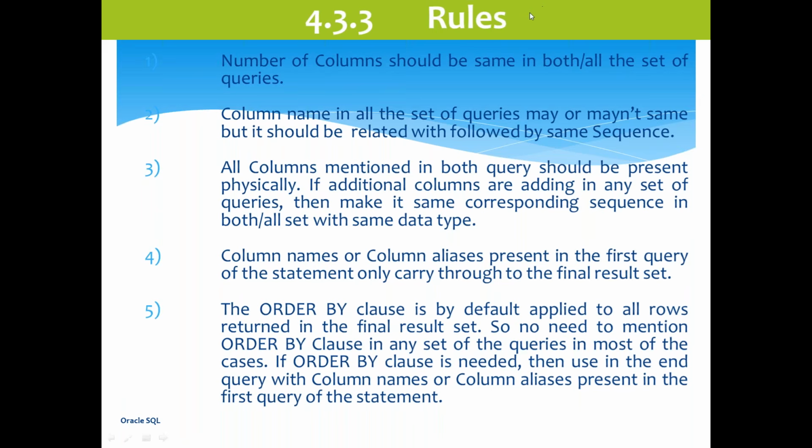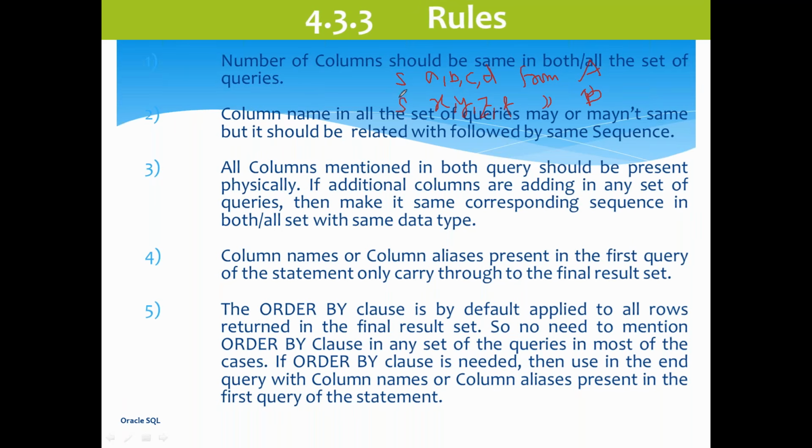One query we have already written: select some column names A, B, C, D from table name A. Similarly, another query we can write: select some other column names X, Y, Z, T from another table name B. So these are the two queries.